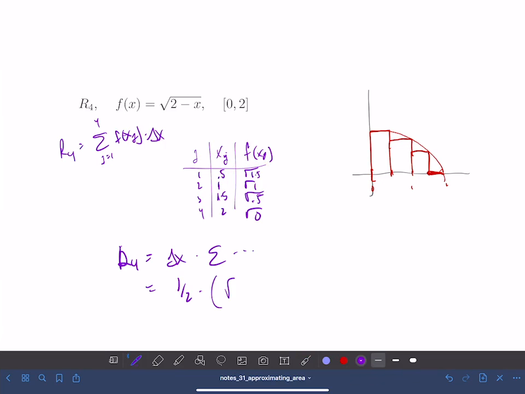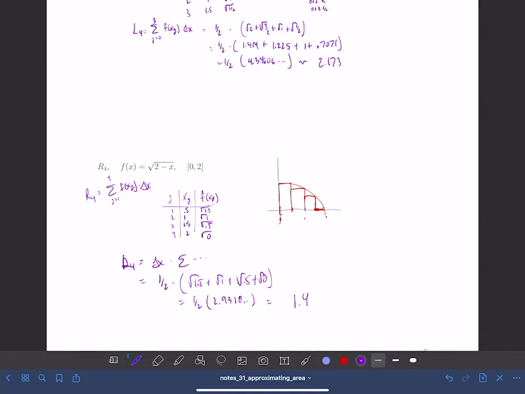Root 1.5 plus root 1 plus root 0.5 plus root 0 equals 2.9318, blah, blah, blah. And so my estimated value is 1.466. And that's an underestimate.